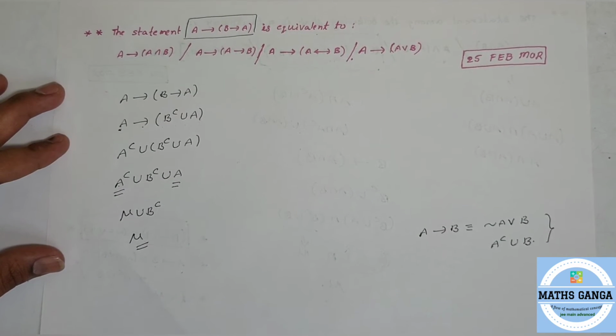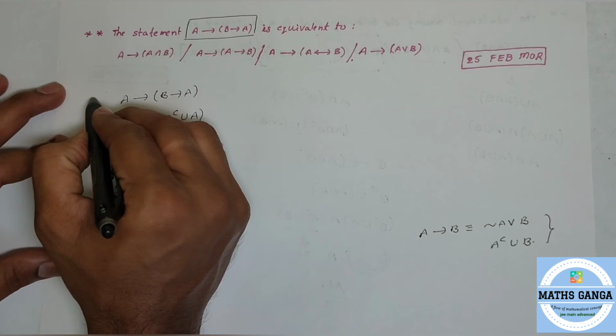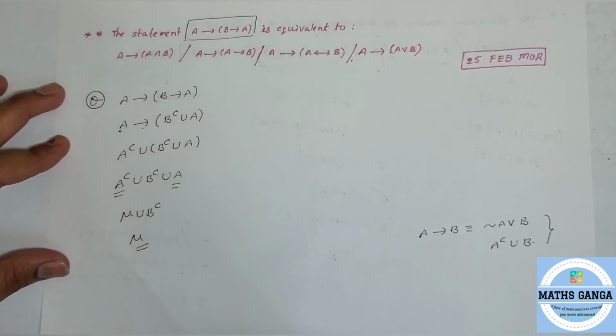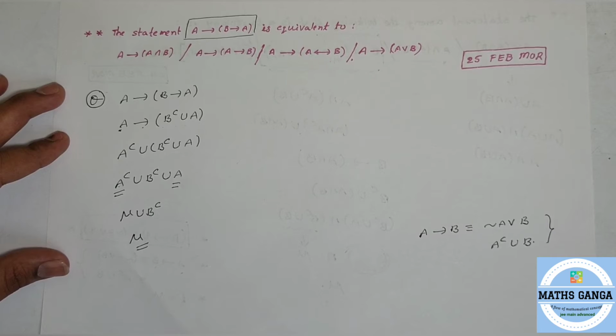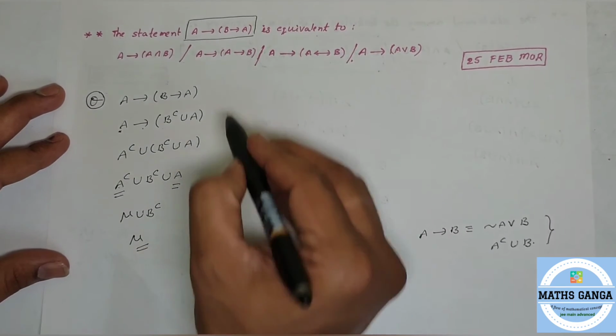And now we need to think about the four statements. This is the question statement, right? And we need to think about the four statements which are equivalent with this, and that's what we need to find. Okay, right?